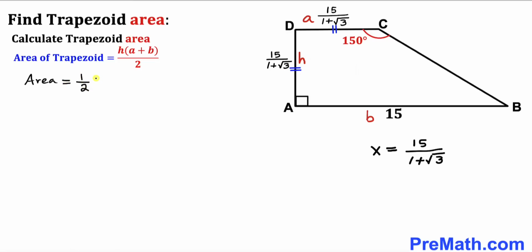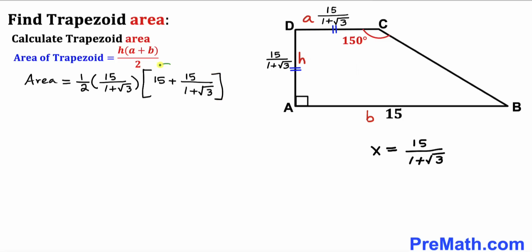Our height h is 15 divided by 1 plus square root of 3, and then times (a plus b).